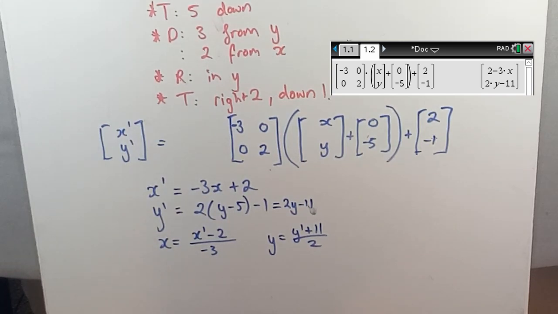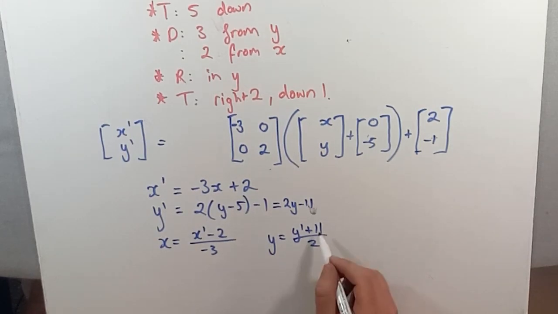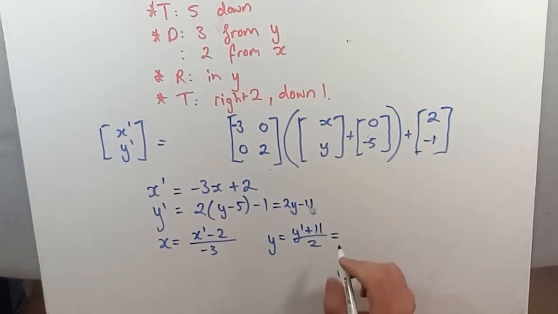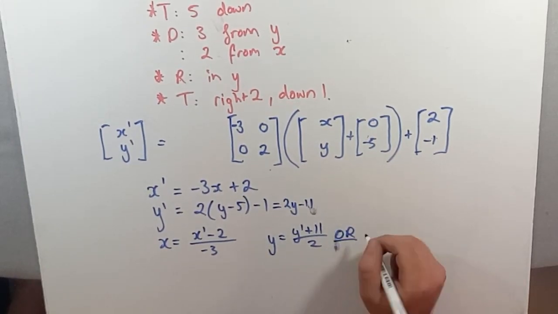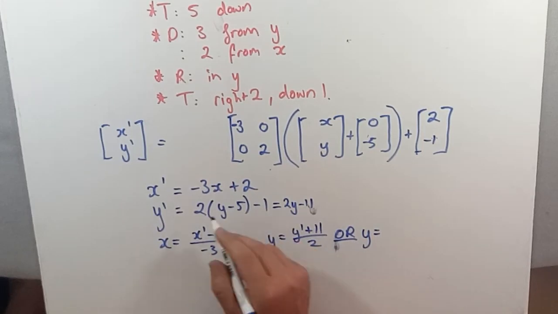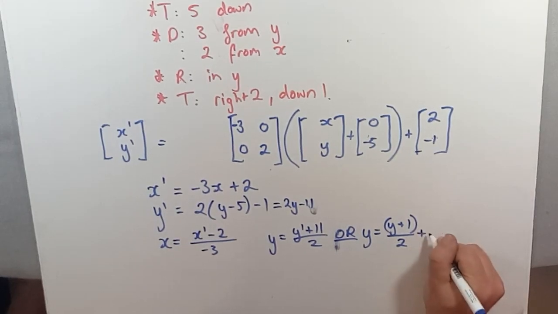You don't have to do it like that. I did it the other way, which would have been to add the 1, divide by 2, then add the 5 at the end. Or y equals the y image plus 1, all divided by 2, and plus 5.